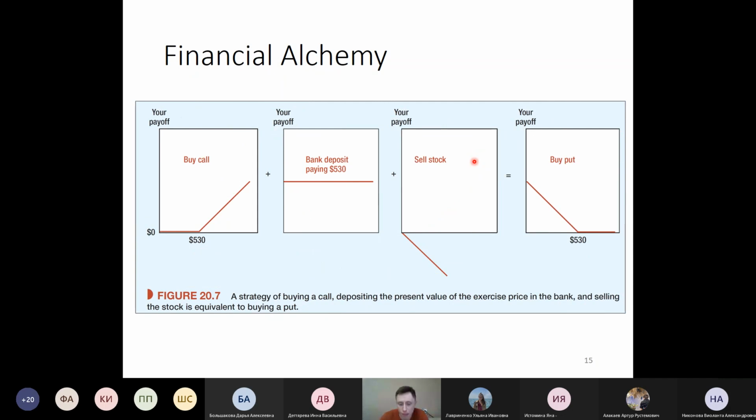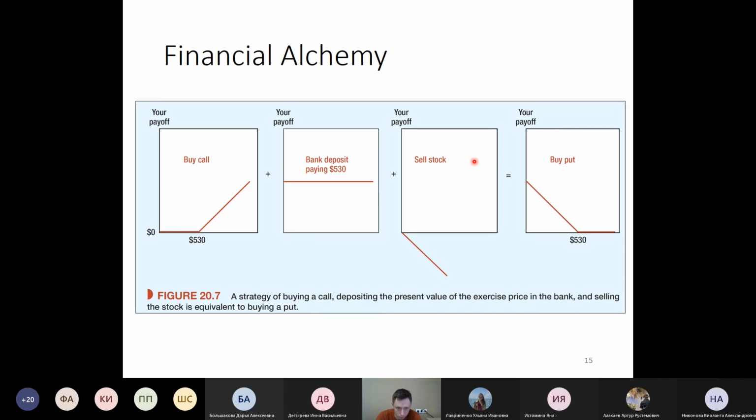And this idea of combining assets is also important for us when we approach the topic of option valuation. We can replicate the cash flows that we receive with an option with other options or other assets.